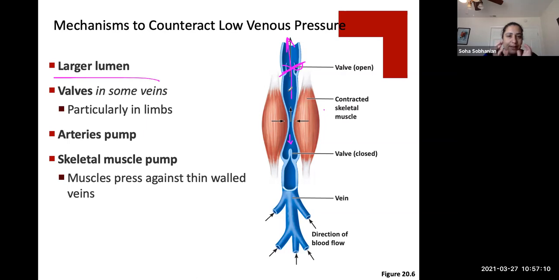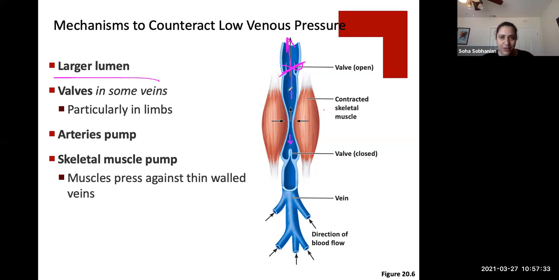So, kind of reviewing a couple of points, guys. If I ask which category of blood vessels has the highest pressure, what would you say? Which one has the highest pressure? Anybody?